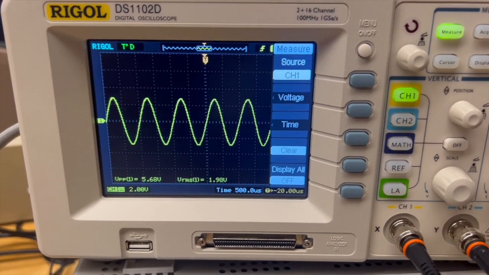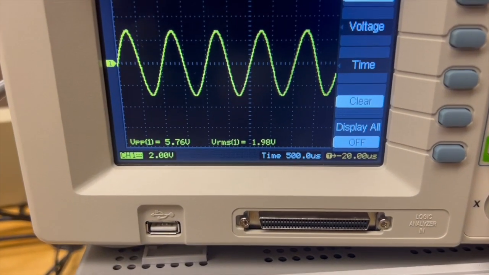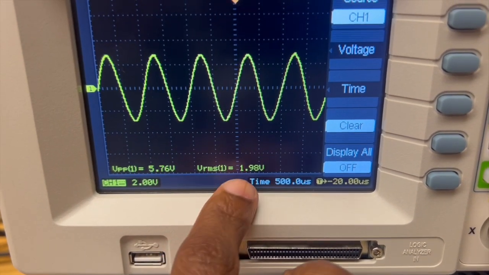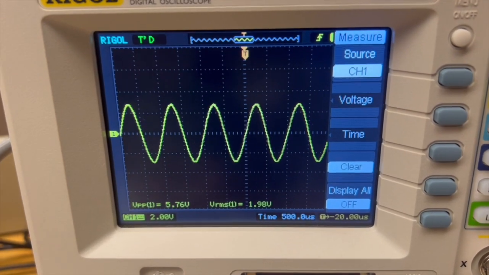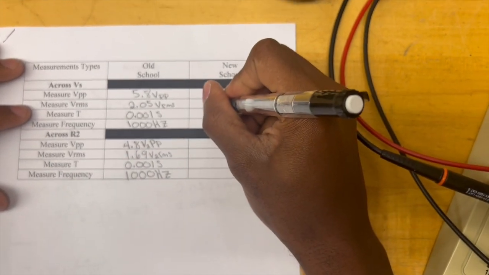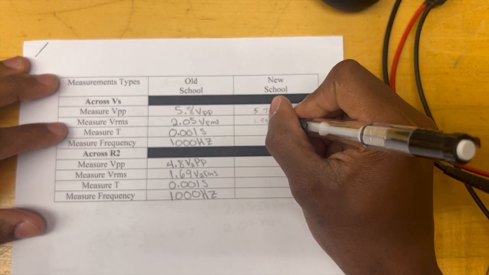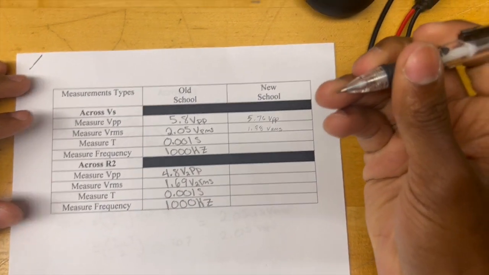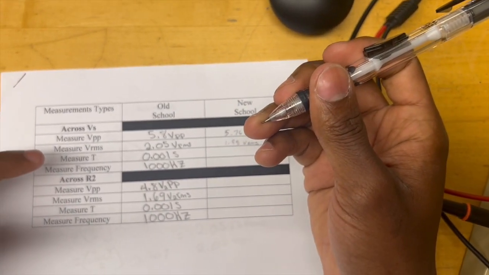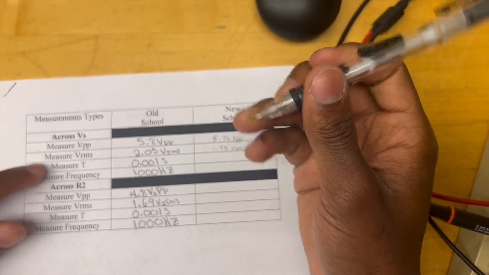And now our VRMS for channel 1 is 1.98 volts. Now that we have that measurement, we're just gonna record it on our table, which is 1.98 volts RMS.